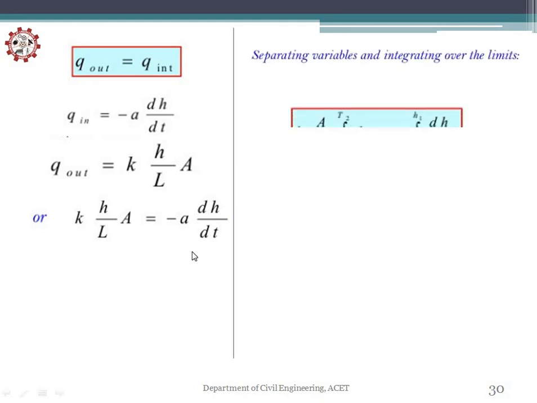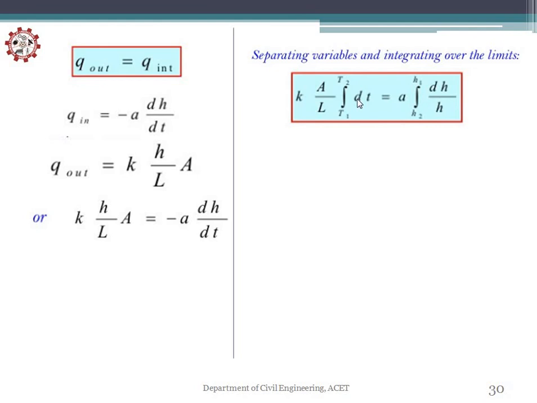Again we separate the variables with respect to the limits: for dt, T1 and T2, and for H, H1 and H2. So we will separate all these.